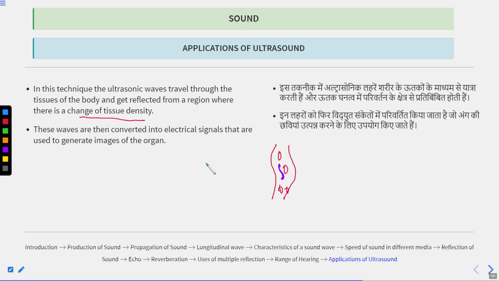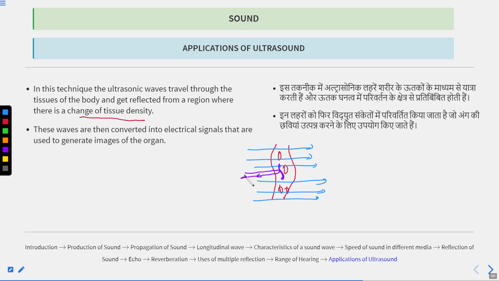We will pass an ultrasound wave. Most of the ultrasound wave will pass through easily because there is no defect. But where there is the defect, the ultrasound will reflect back.